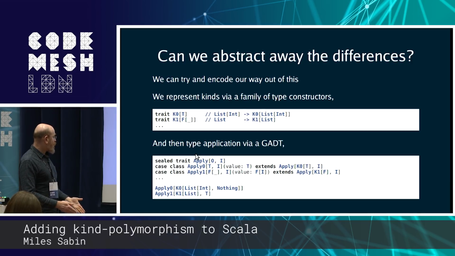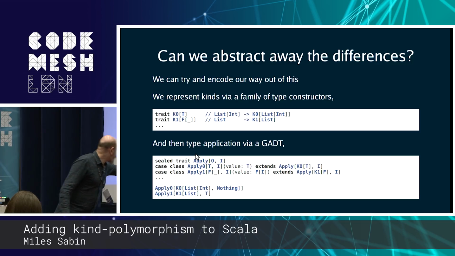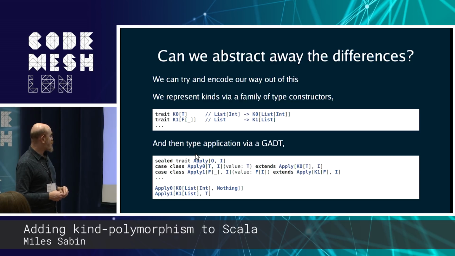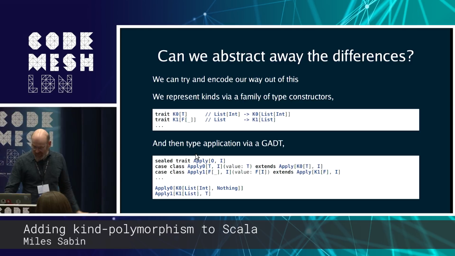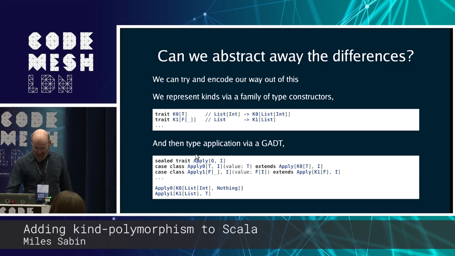For going beyond one, we'd have to have some sort of product-like representation, so you can imagine that for K2, we might have a pair of types and so on, using some kind of HList representation or something like that. The details aren't super interesting here.